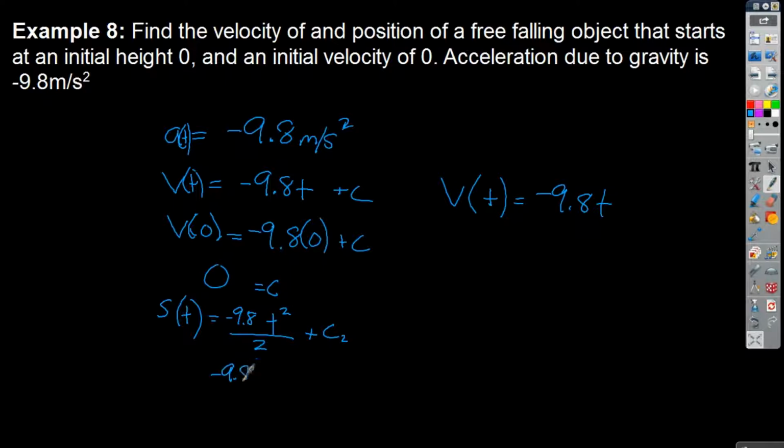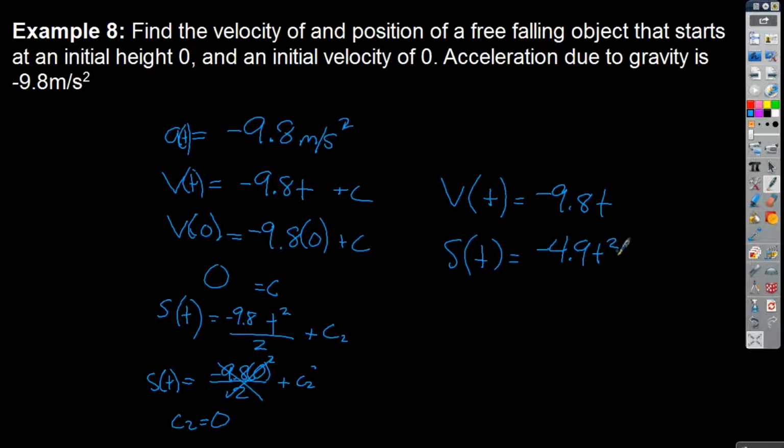Negative 9.8 times 0 squared over 2 plus c2. When is that going to be 0? It's going to be 0. This will all zero out. c2 has to be 0 again. So my position function is s of t equals, let's see, negative 4.9. I just did that in the calculator. Negative 4.9 t squared.